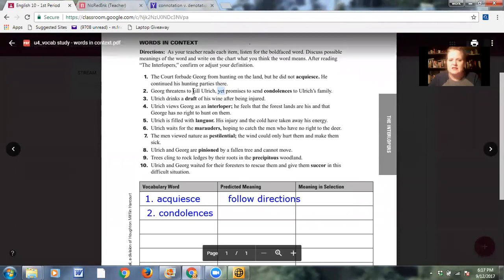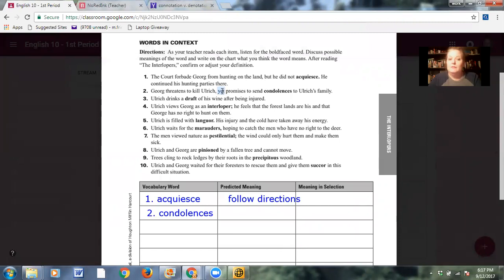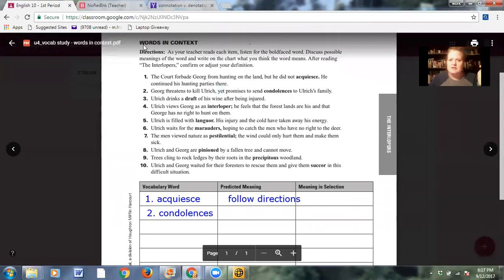Okay, he threatens to kill Ulrich. But on the other hand, he promises to send condolences. So you might have heard the word condolences as it relates to, when somebody dies, they send condolences or I'm sorry's. All right.